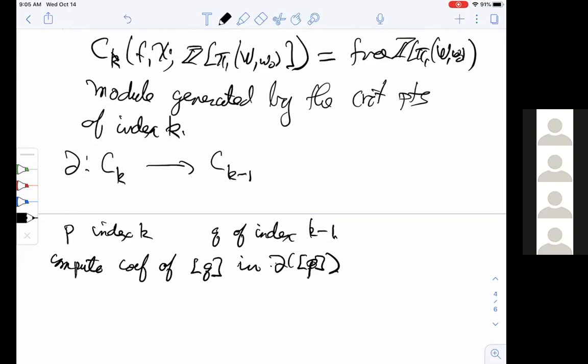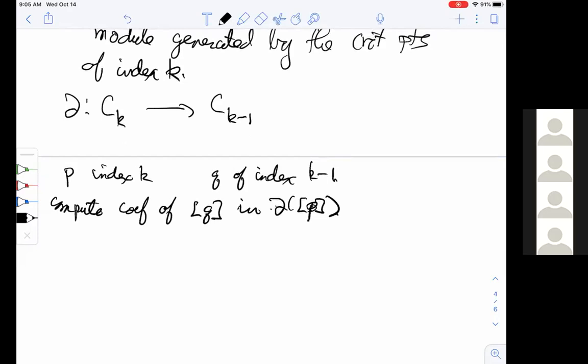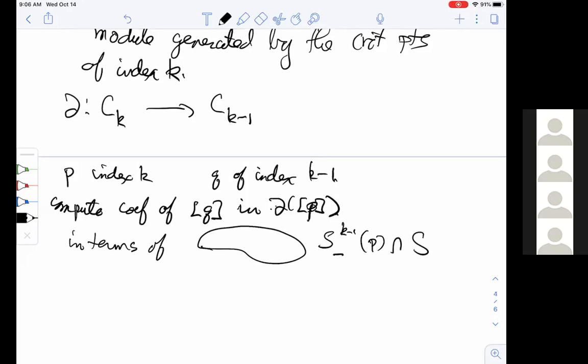And if I know the boundary for the generators of the chain group in degree k, I'll know the boundary in general. Well, this coefficient is computed in terms of the intersection of the descending manifold from P and the ascending manifold from Q in an intermediate level in f inverse, what is it, k minus a half.